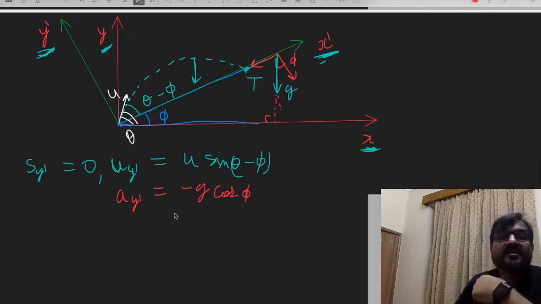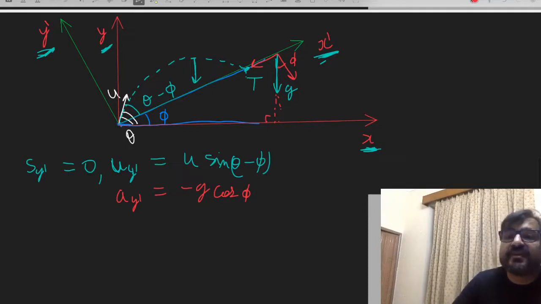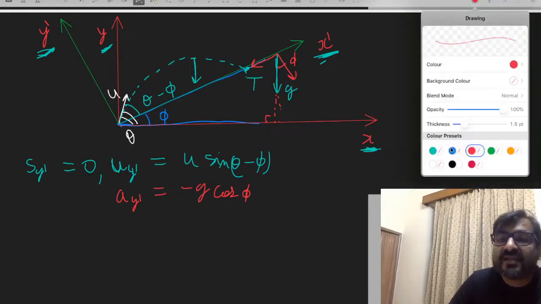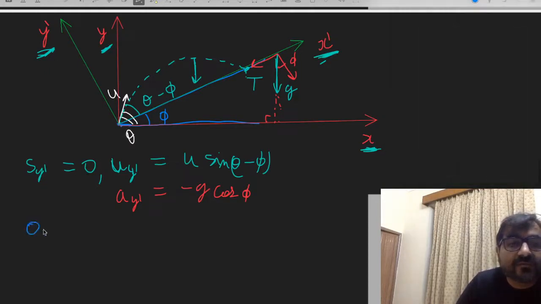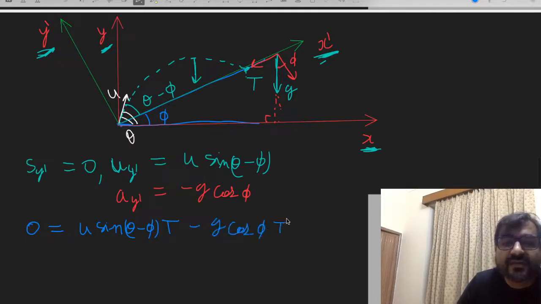Alright. So if we use these three, we can get the value of time. s is equal to ut plus half at square. 0 is equal to u sine theta minus phi into t minus g cos phi t square by 2.